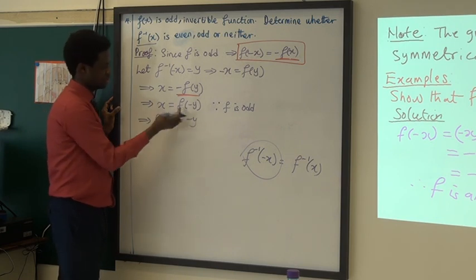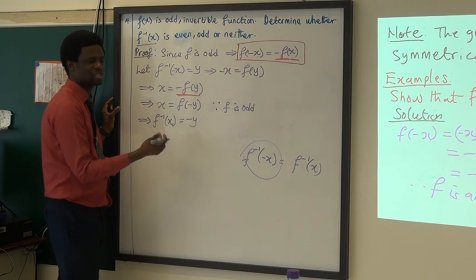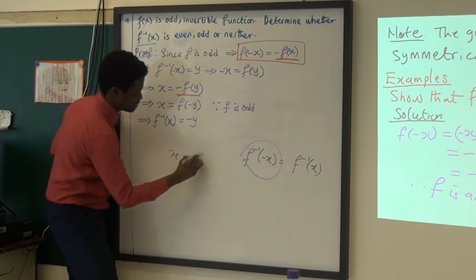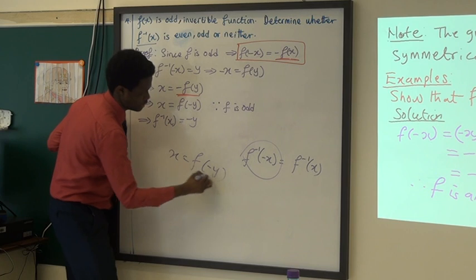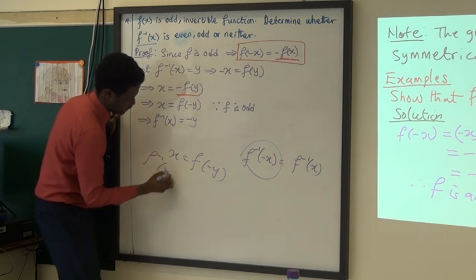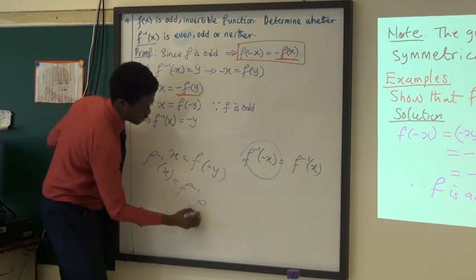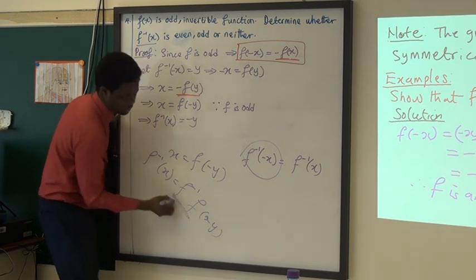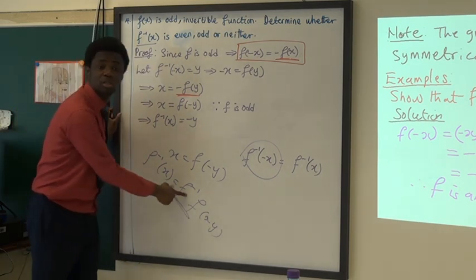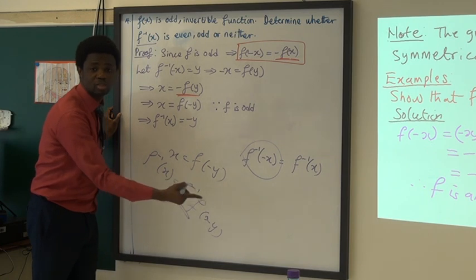If this is this, then you could take the inverse, actually it's like taking the inverse of both sides. X equals f of negative y. So if I apply f inverse to both sides, I apply f inverse to f of negative y. What is f times f inverse? This is a composition, remember, it's not times.